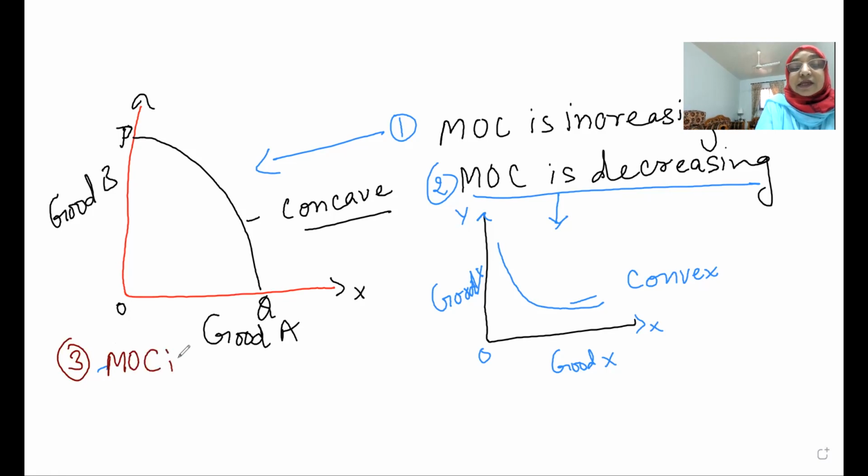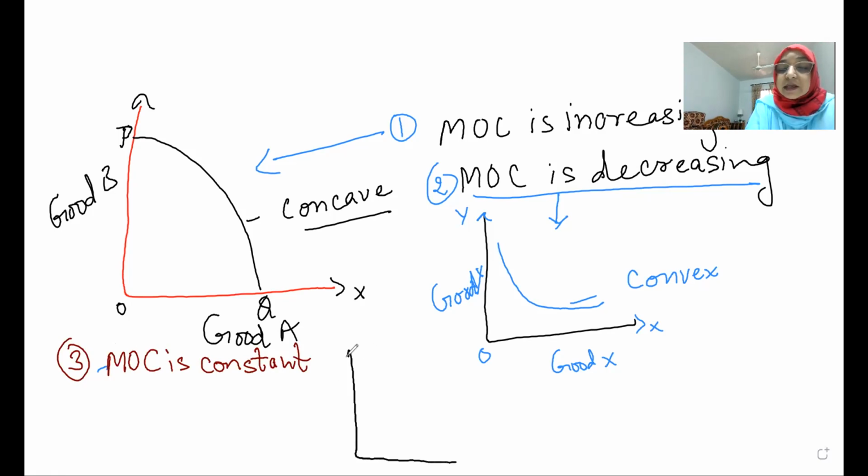MOC is constant. If MOC, marginal opportunity cost, is constant, the shape of PP curve will be a negatively sloped straight line.